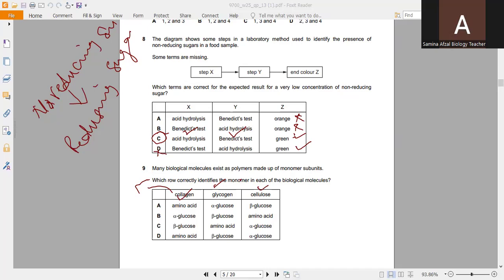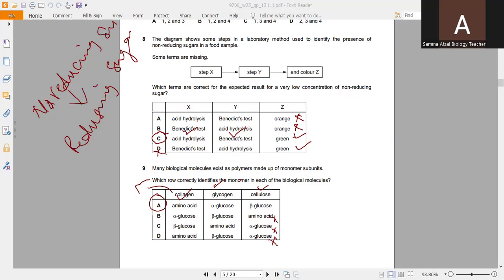So all the other three options are not correct. A is the correct option because collagen is a protein and it is made up of amino acids.